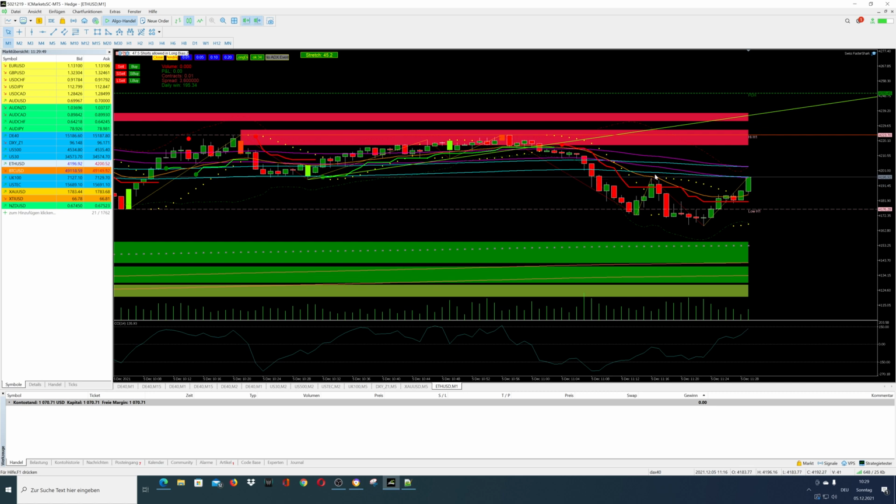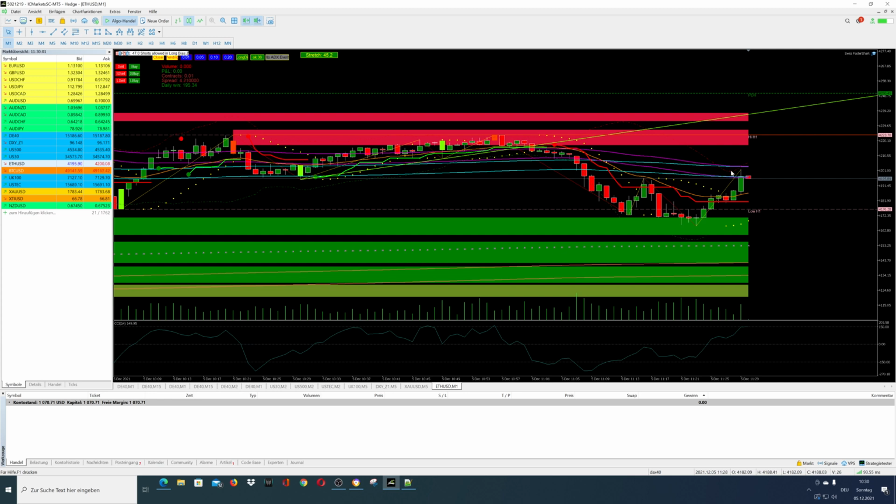Now we are at the same level. Now we have a higher high. Therefore, maybe we still have to wait for a new entry. But the Supertrend is still short, is still red.